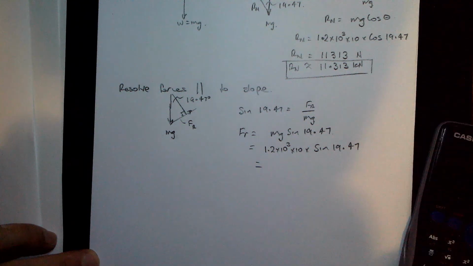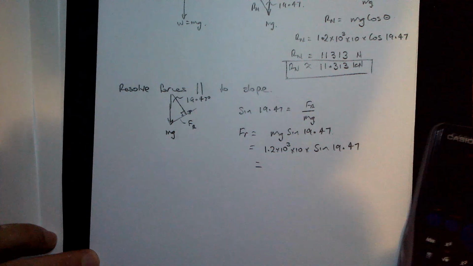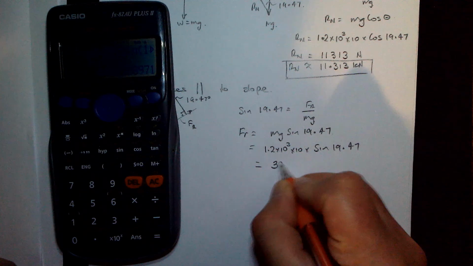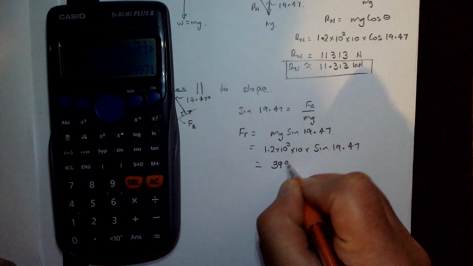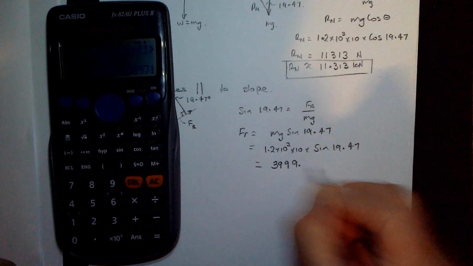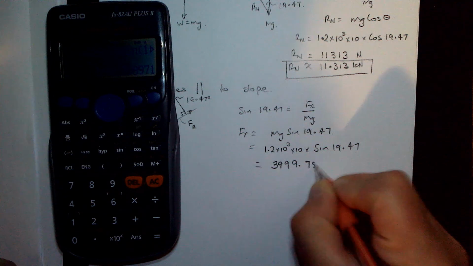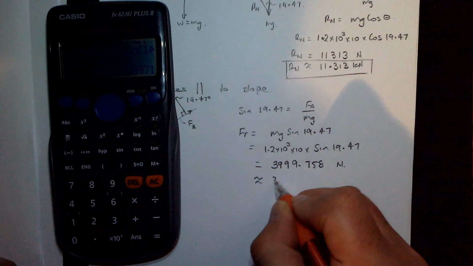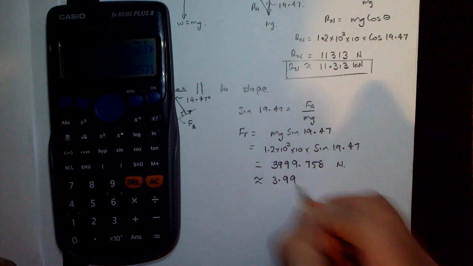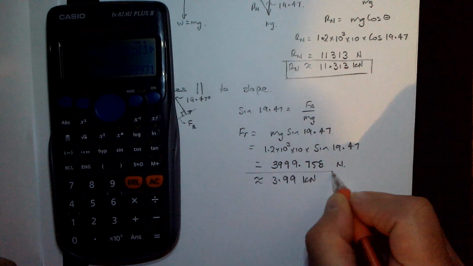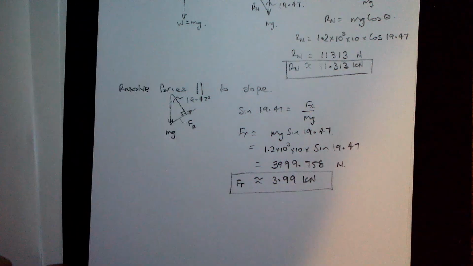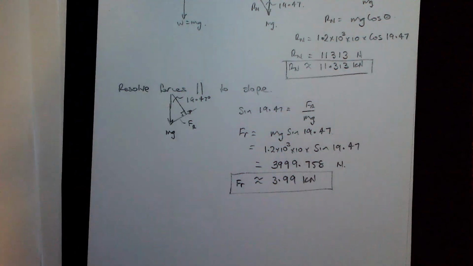That gives us 3999.758 newtons, which is roughly 3.99 kilonewtons. So that's the frictional force that is stopping our car from rolling down the hill.